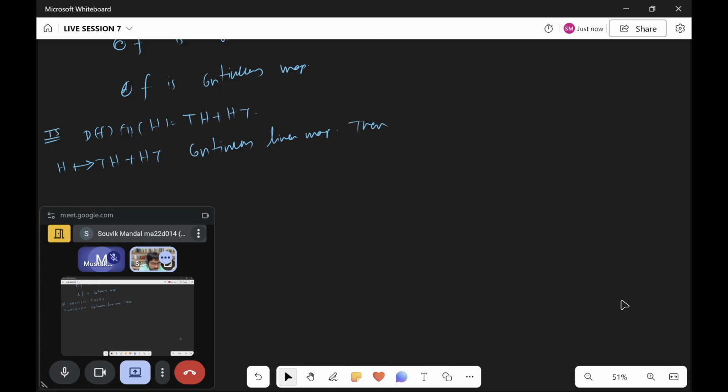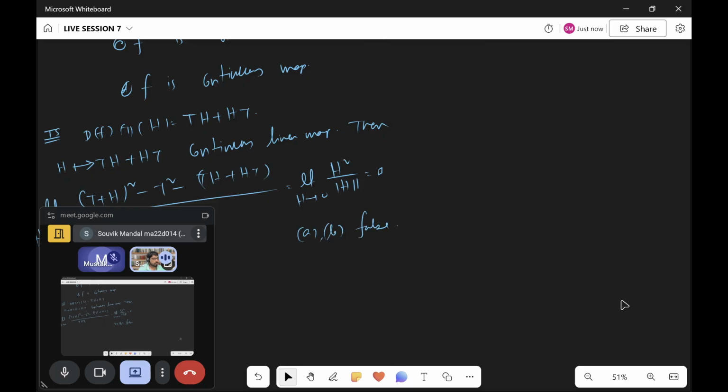Then the limit as H goes to 0 of the norm of (T plus H) whole square minus T square minus (TH plus HT), divided by the norm of H, is equal to the limit of H square by norm of H. That is of course zero, so there is nothing to explain, I guess. And this automatically tells option A and option B are false.